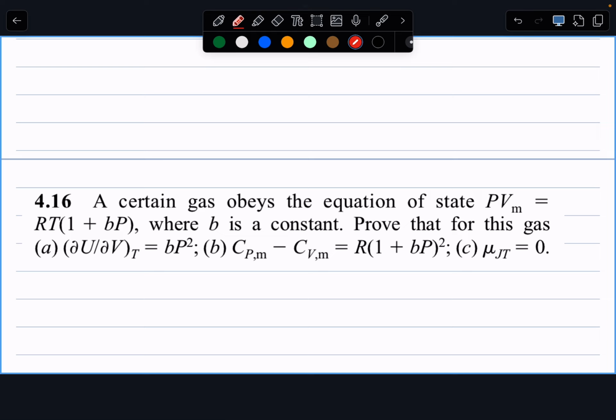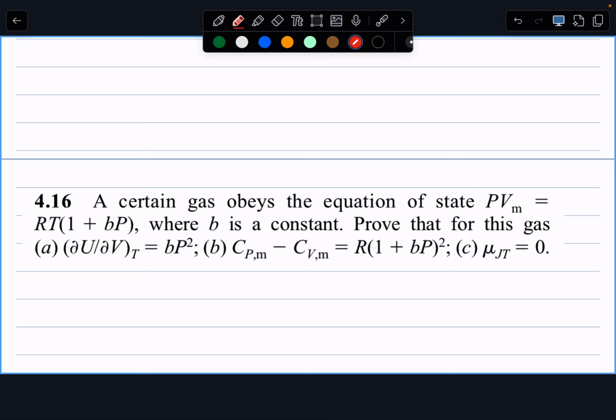The question here says a certain gas obeys an equation of state, which is P Vm equals RT plus (1 plus BP).